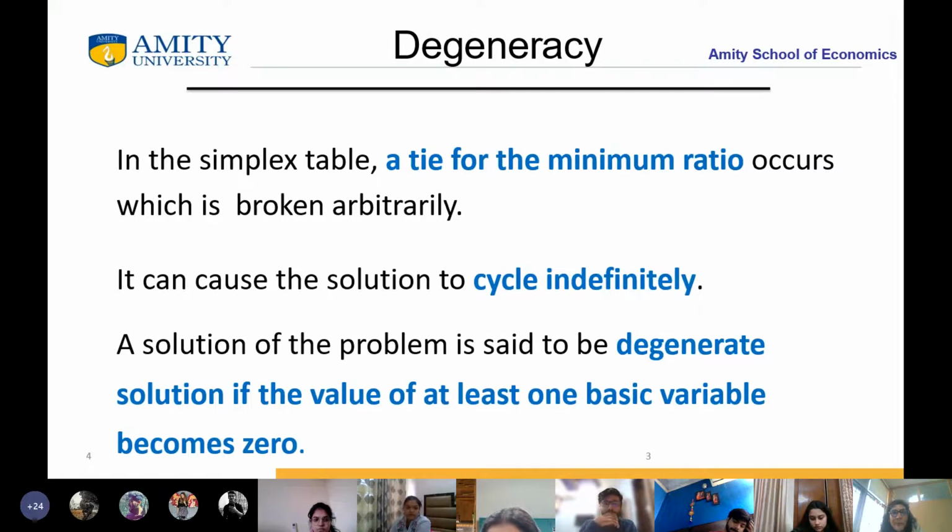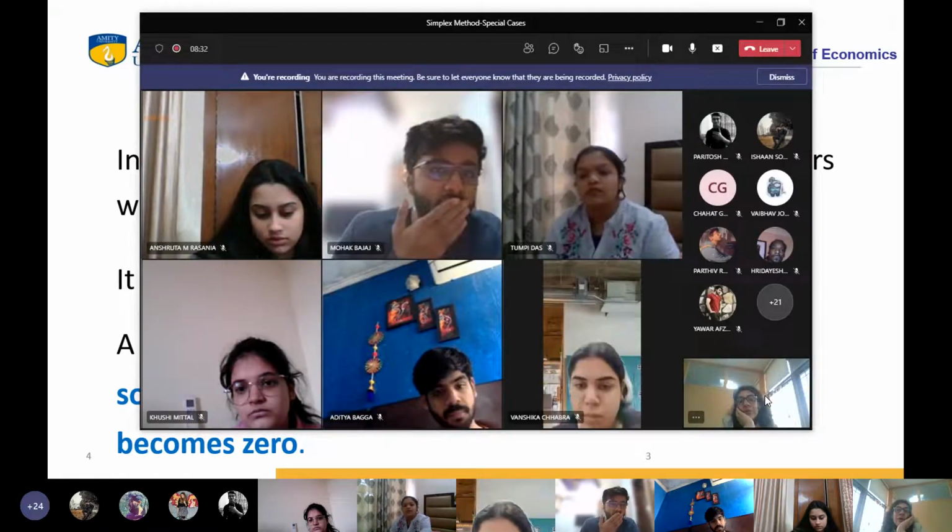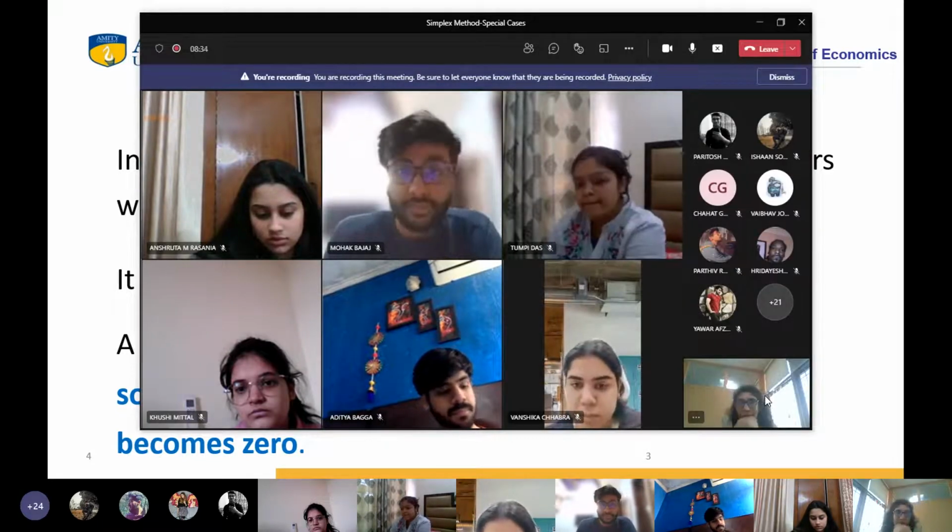Okay. So what do you mean by degeneracy, right? First we learn this. In the simplex table, when we are trying to reach the optimal solution, we need to find the least ratio to identify the key row.